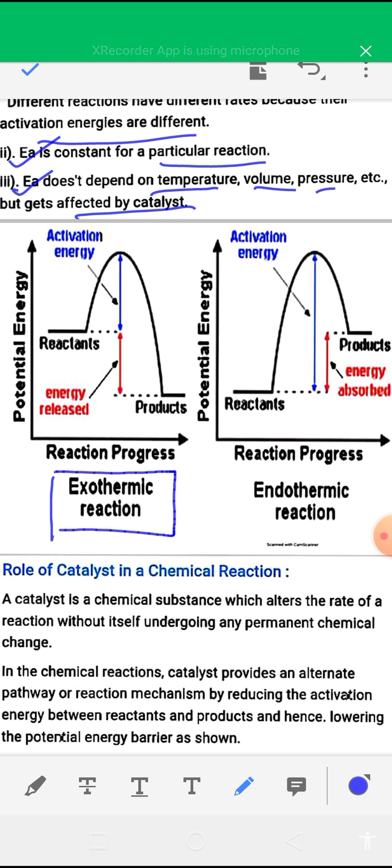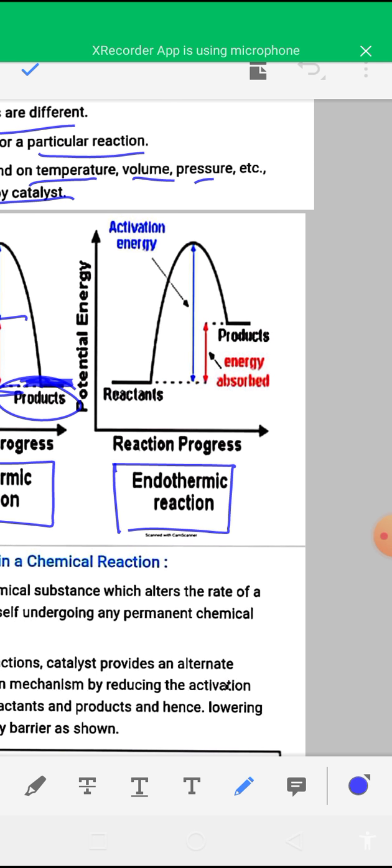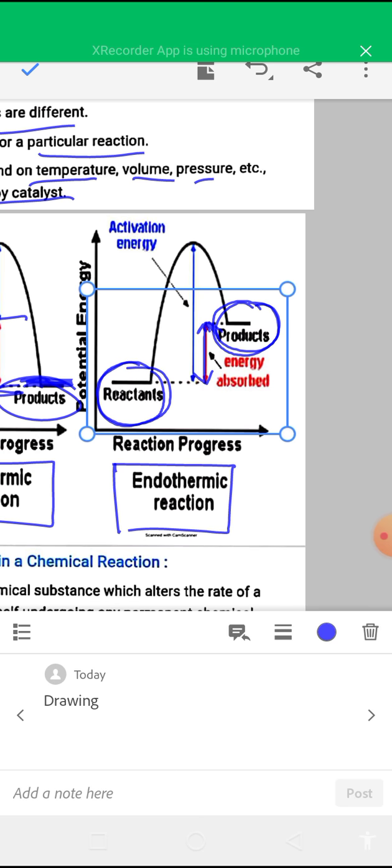This graph is for exothermic reaction, and this is for endothermic. In case of exothermic, energy of reactant is higher than energy of product, that is, energy of product is lower than energy of reactant. In exothermic reaction, energy is released after the reaction, and in endothermic reaction, energy of product is higher than energy of reactant, so this amount of energy will be absorbed by the reactant during the chemical reaction.